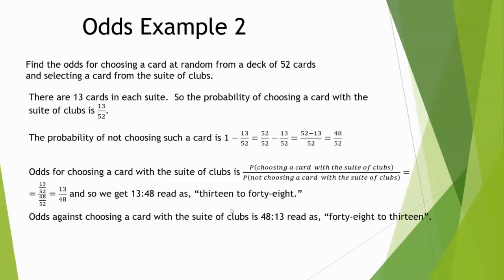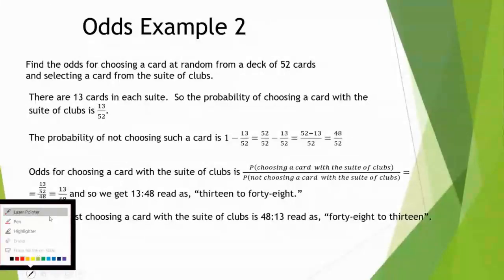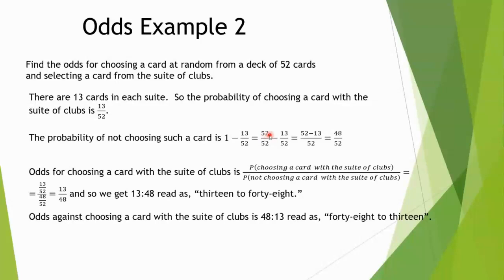The complement is 1 minus 13 over 52, and we get 48 out of 52. So the odds for choosing a card from the suit of clubs are the probability of choosing a club over the probability of not choosing a club. As before, these denominators cancel. We get 13 over 48. But again, we want to write it as a ratio because it's odds.